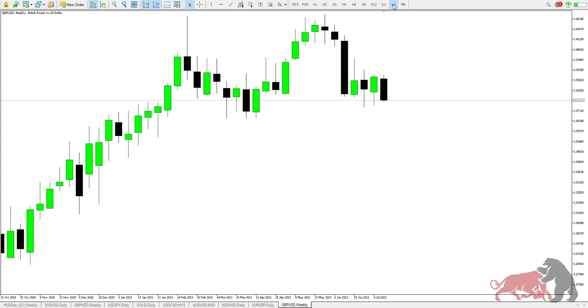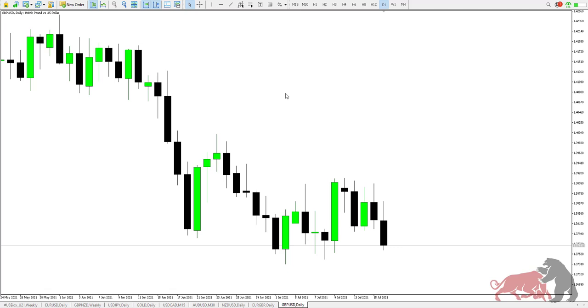We're looking for the weekly candles to close bearish, which is what happened last week. But when we look at days like Wednesday, they were bullish days. There were times when price was pushing to the upside. Even on Thursday there were times when price was pushing to the upside. Even on Friday, the same thing happened.